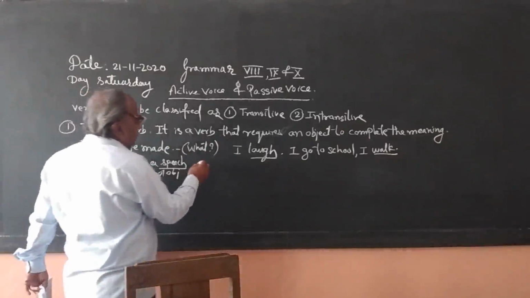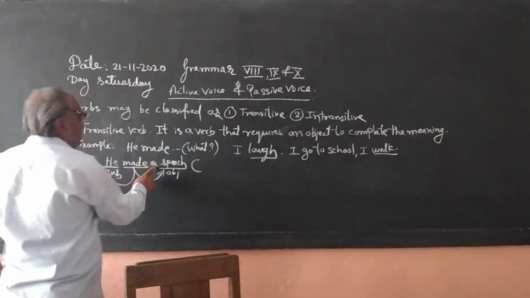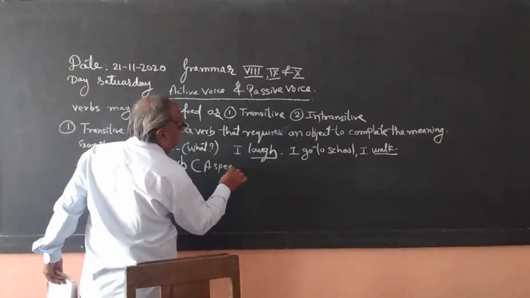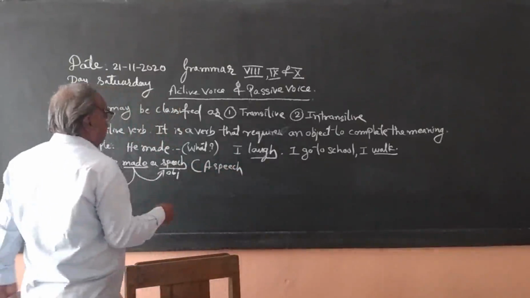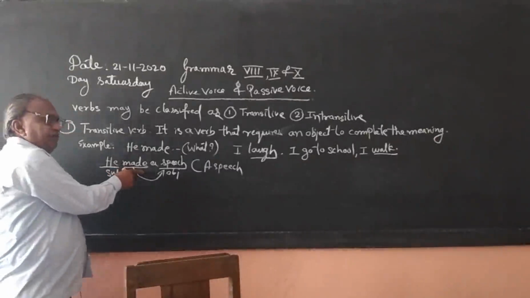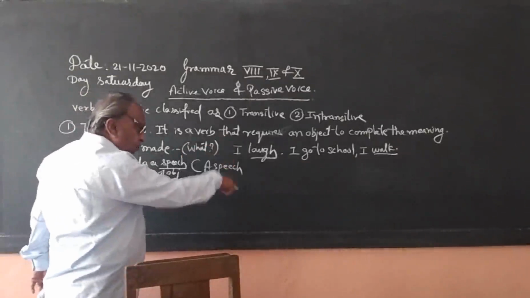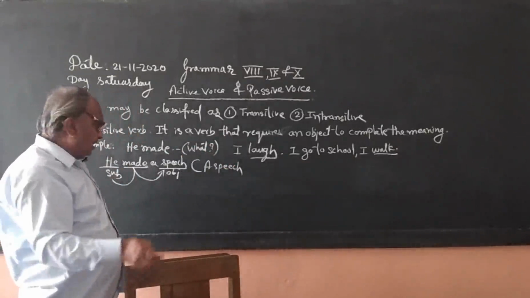So how to bring it into passive voice? Take this. A speech. Now we have to see the verb in which tense it is. If it is in the past tense, we have to give one auxiliary verb that is called helping verb.